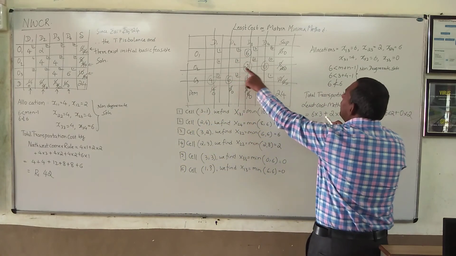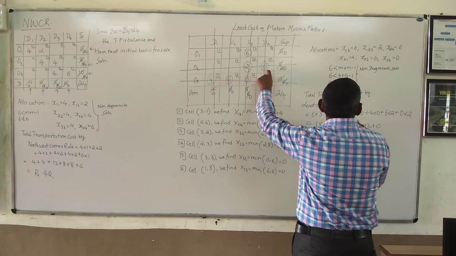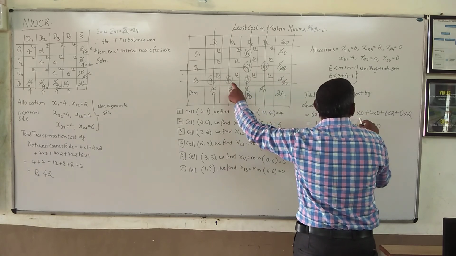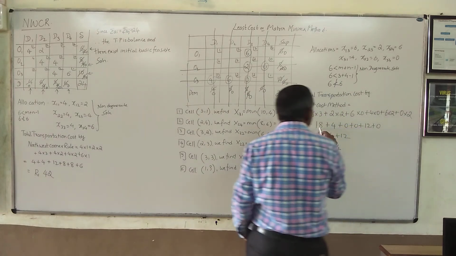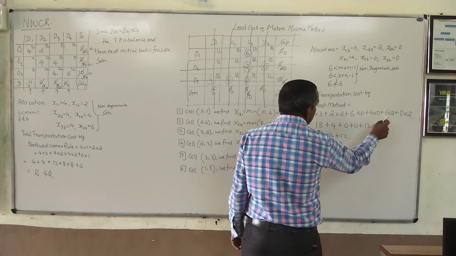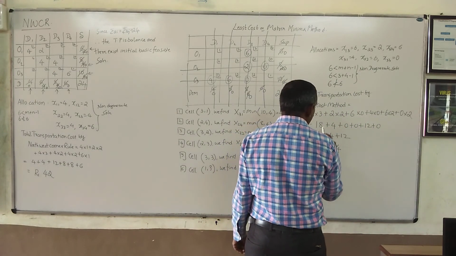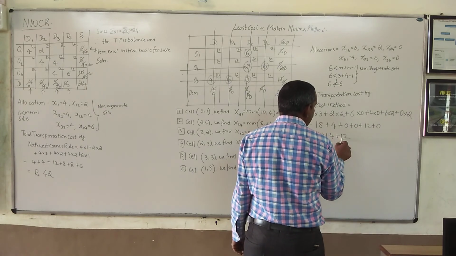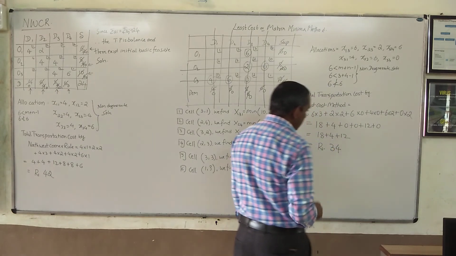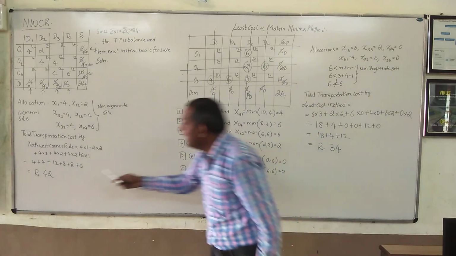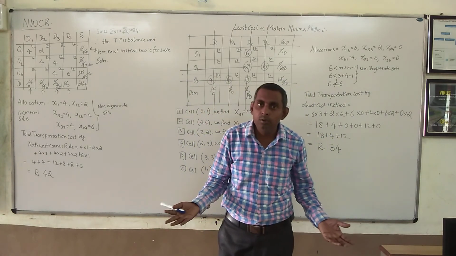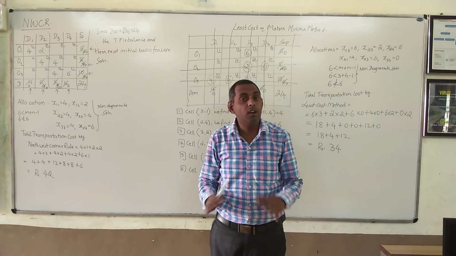6 into 3 followed by 2 into 2, 6 into 0, 4 into 0, 6 into 2, 0 into 2. 6 threes are 18, 2 twos are 4, then 6 twos are 12. 18 plus 4 plus 12 is 34. So here it is 34, here it is 42. Both values are different, but these values are not the final values.